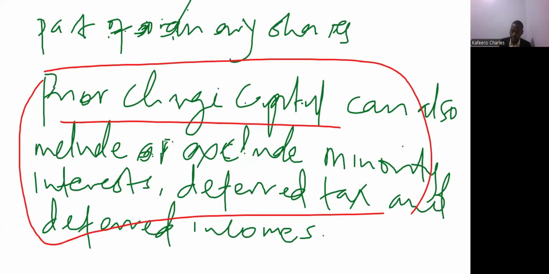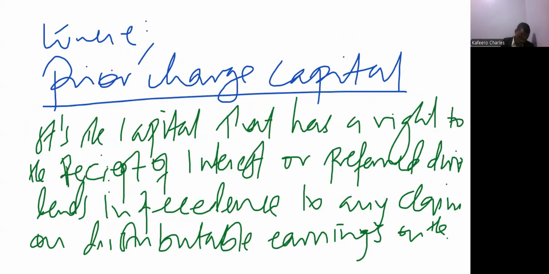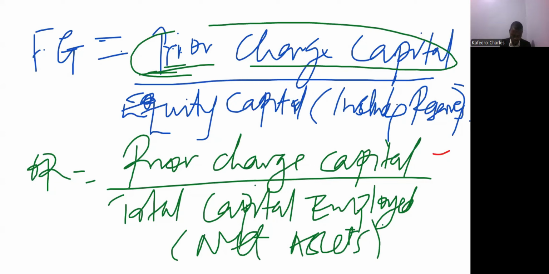So you can see that when you are computing the financial gearing from the formula, we are trying to look at the prior charge capital, this one here, over the equity capital, or over the net assets or total capital employed.